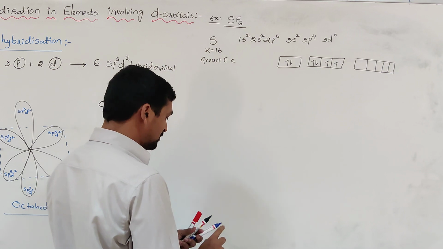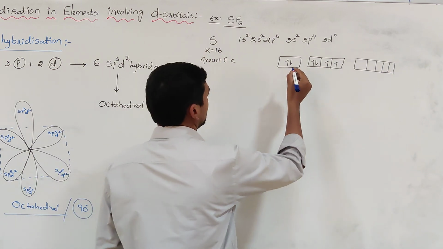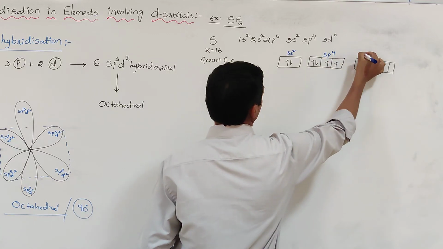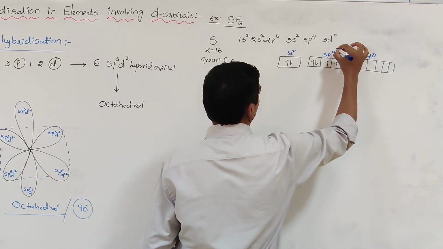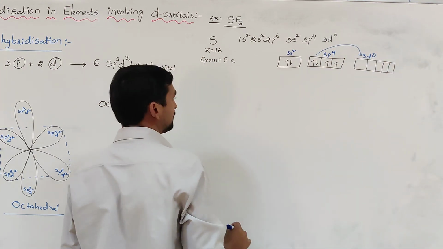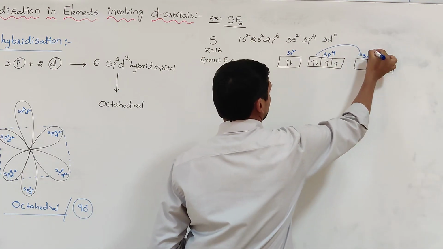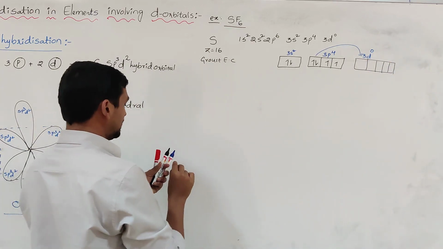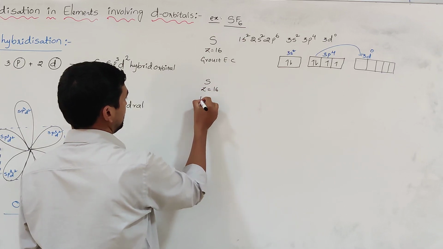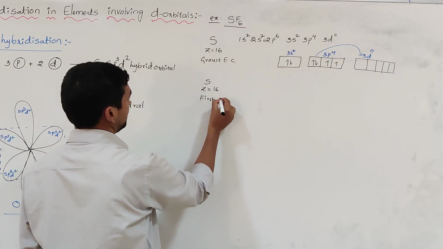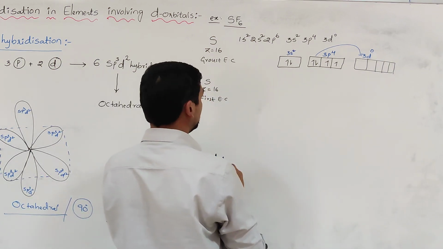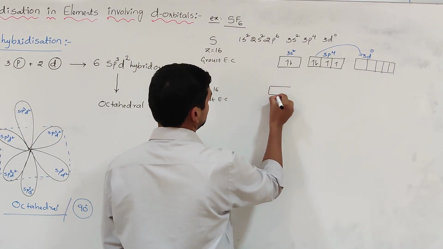So we need to promote an electron from the 3s2, 3p4, 3d0. We need to promote an electron from the p orbital to the d orbital, 3d0. So that we get the sulfur first excited state electronic configuration. The first one remains the same, that is 3s2.